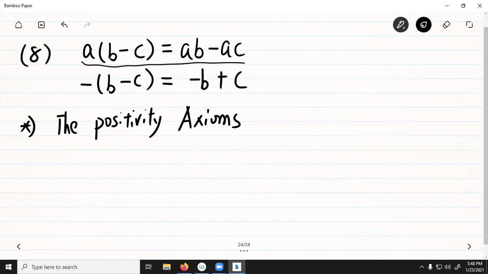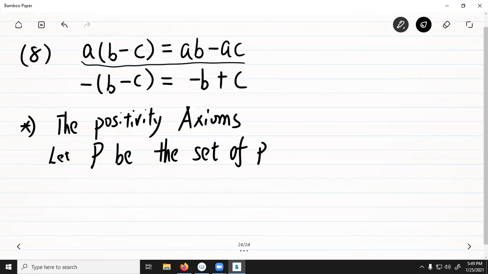We use this axiom to introduce less than, greater than, and equal. The order of the numbers, okay? So we let P be the set of positive numbers.